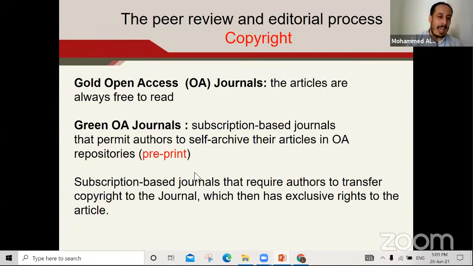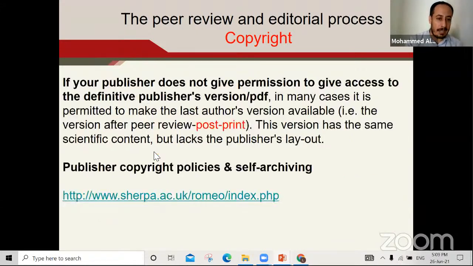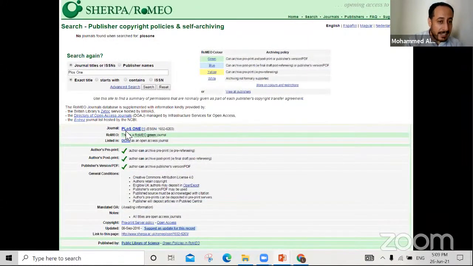So if it's subscribed, you can post only the preprint. There are tools, I asked you about what we call Sherpa. If you remember, during the Kahoot, Sherpa Romeo. If you click or search for these tools, it will tell you if this journal accepts. Like here, I searched in the website for PLOS ONE, which is a multidisciplinary journal. So in this journal, you own your copyright.